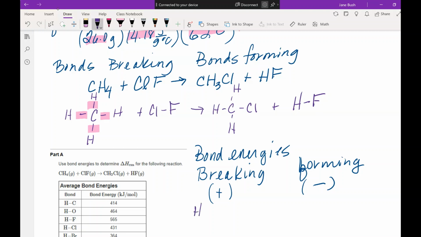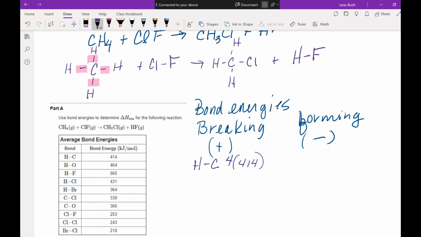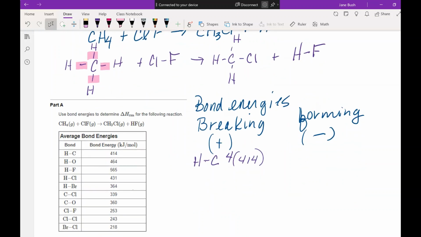So we have 4 of them, and they have energy of 414 to form. Okay? What other bond do I have in the reactant side?